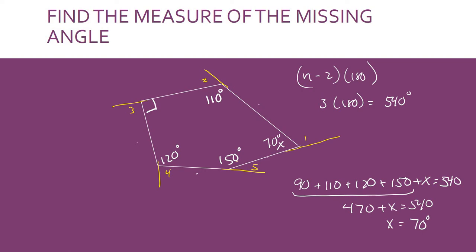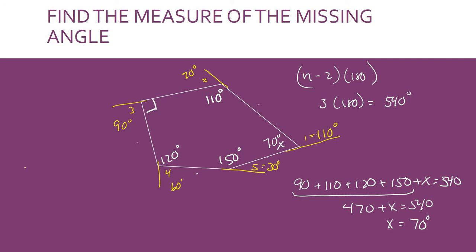Okay, so let's see. 150 and 180, this is 30 degrees. Measure of 1 is 110 degrees. 70 plus 110 is 180. Angle 2 is going to be 70 degrees. Angle 3 is 90 degrees. And angle 4 is 60 degrees.